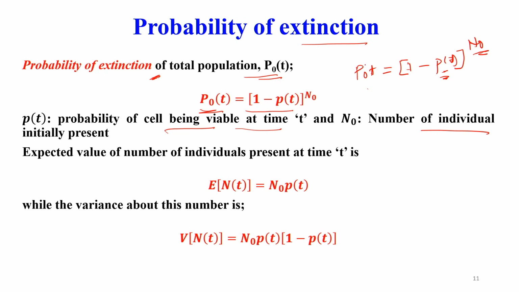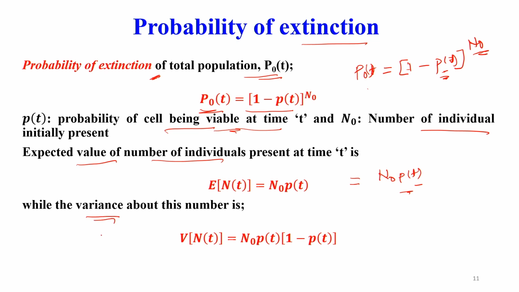So, based on this expression, now we can next write the expected value of number of individual cell. So, how many number of individual cell will be there, because how many cells are surviving? Small p t. Then how many total number of cells were there? N naught into small p t. So, this is the expected value of number of individual cell present at time t, and this is the variance.